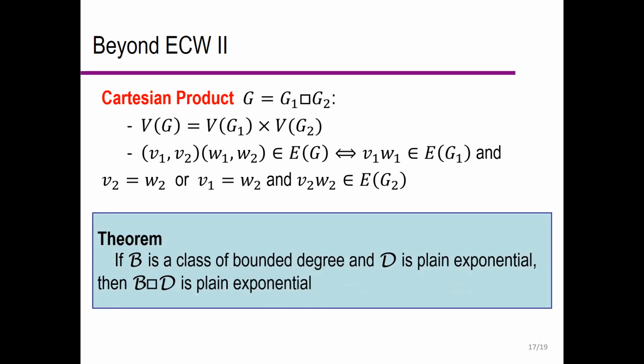If we start with a class of bounded degree and a plane exponential class of graphs, then the class of graphs consisting of Cartesian products of the two is always plane exponential.